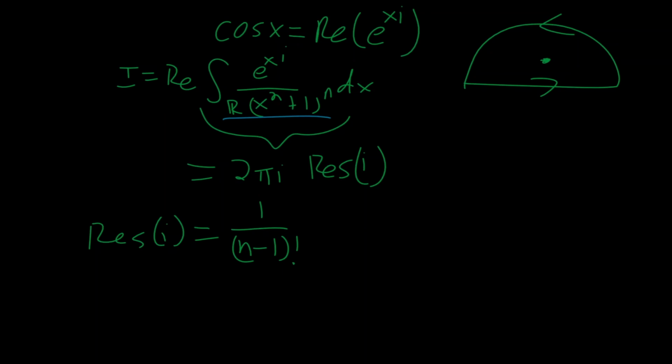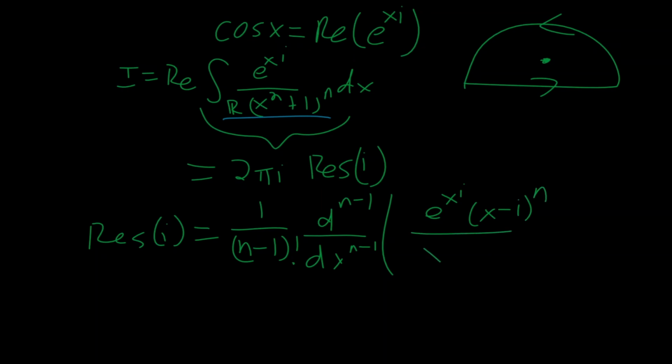We can split up this x squared plus 1 into (x plus i)(x minus i), and then all that to the n, right? So then we have the (n minus 1)th derivative, which we will be dealing with, don't worry, of e to the xi times (x minus i) to the n over (x squared plus 1) to the n.